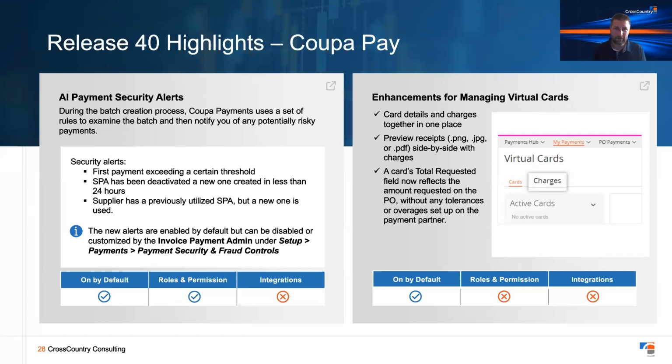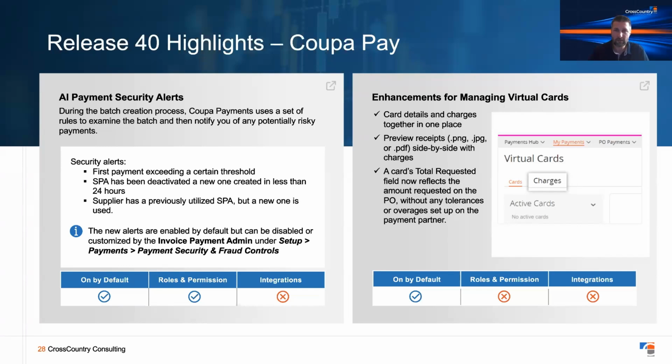AI payment security alerts. So this is a new tool that's going to help you to combat payment fraud. This is on by default. You can see there, you can get to it through Setup, Payments, and Payment Security and Fraud Controls. So there are 3 different kinds of alerts that are set up here. First, a first payment made to a supplier if it exceeds a certain threshold.